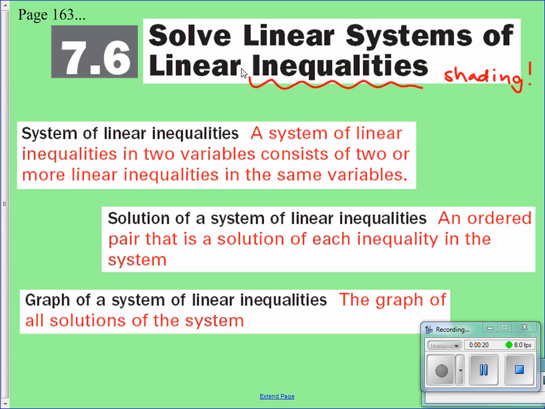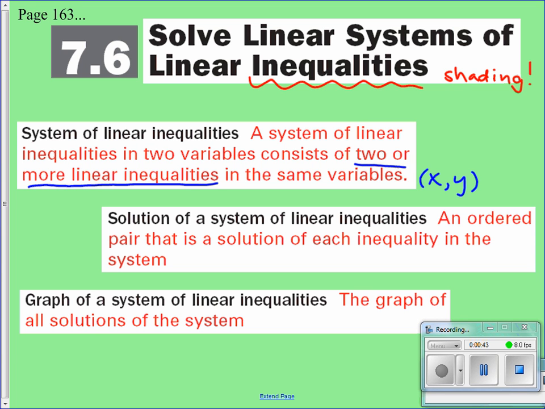So a system of linear inequalities, just like a system of equations, is two or more linear inequalities with the same variables. You know your favorites, x and y. Now the solution to the system of linear inequalities isn't just one ordered pair. It's an ordered pair that's in the solution set of each inequality.